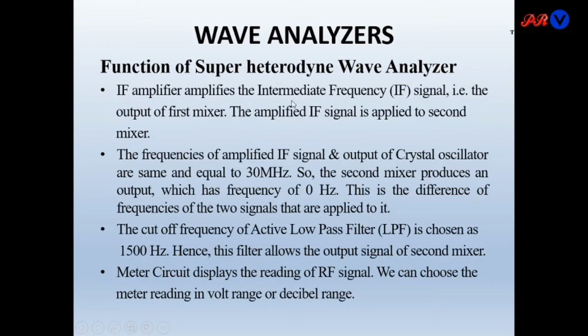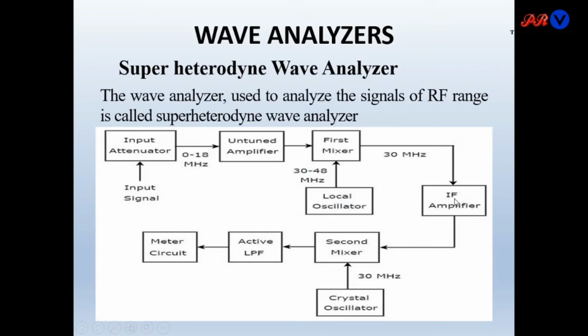The IF amplifier amplifies the intermediate frequency signal, that is the output of the first mixer. The amplified IF signal is applied to the second mixer, where another input of this second mixer is from the crystal oscillator which is generating 30 megahertz frequency.